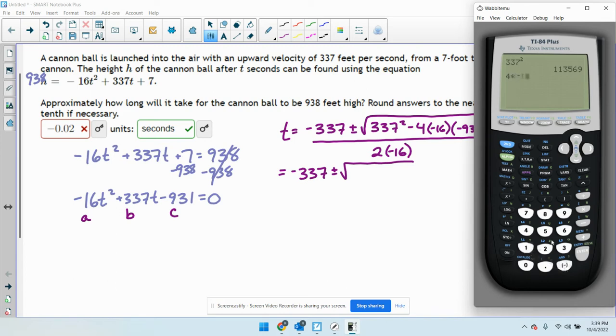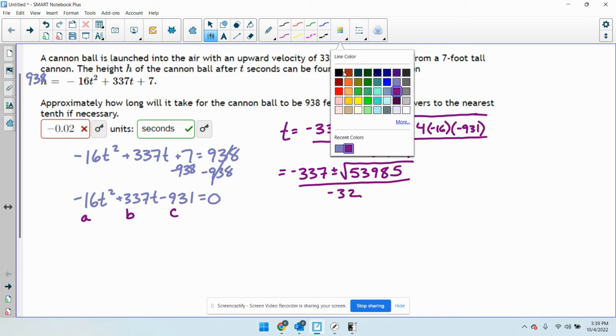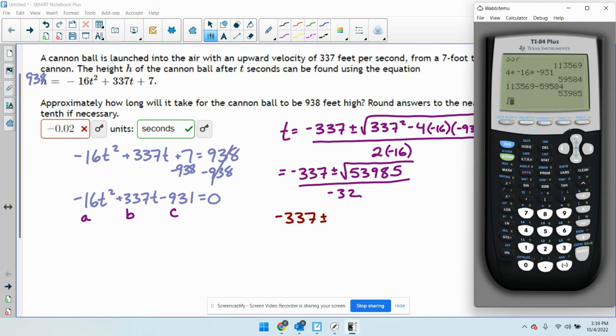So it's this number minus this number, so 53985, all over negative 32.